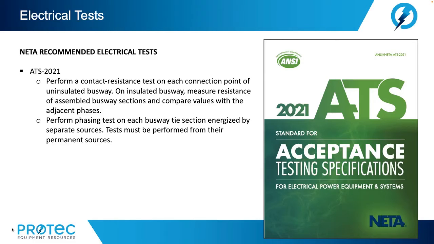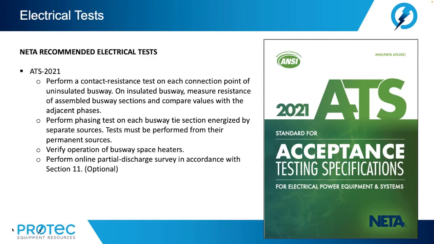Tests must be performed from their permanent sources. Verify operation of busway space heaters. Perform online partial discharge survey in accordance with Section 11 of the ATS manual. Now, this is an optional call-out.